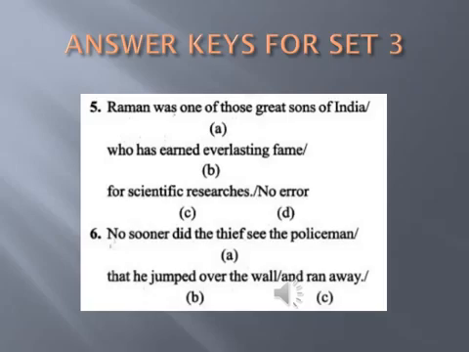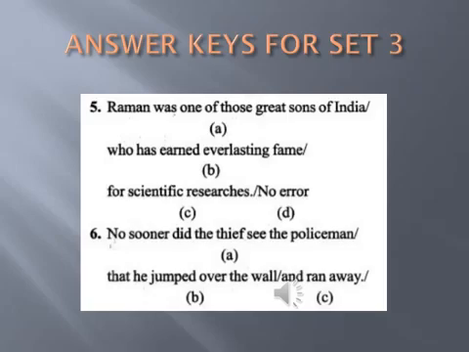Now let's go to question number 6, which is a very, very important question. No sooner did the thief see the policeman that he jumped over the wall and ran away. So the error is in B and the answer is B. Why?